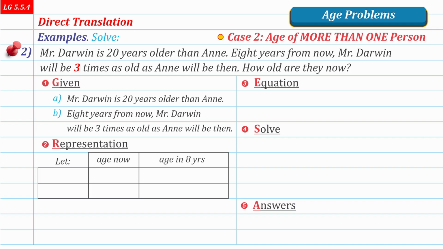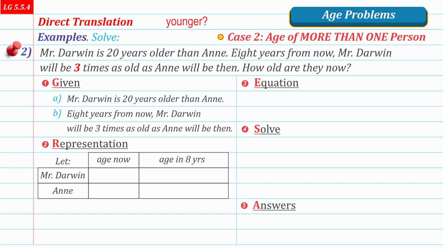Since we have two persons now, we expand our usual table so that we now have a separate row for Mr. Darwin and Anne. So we now choose which age we set as our variable. Now here is a very important tip. Let's read the problem and analyze which is the younger person.